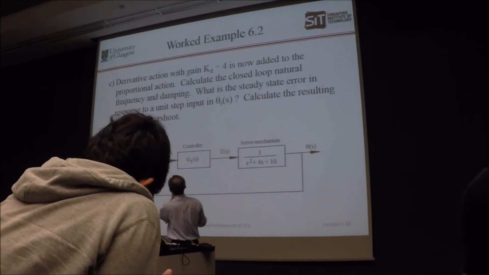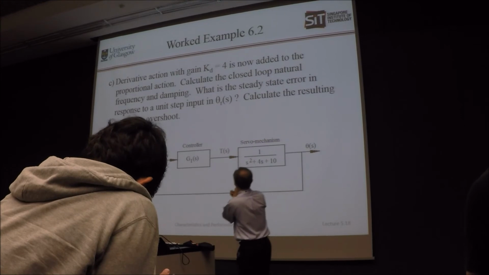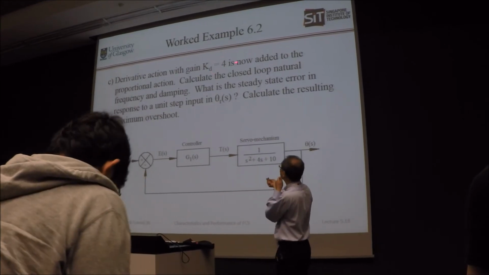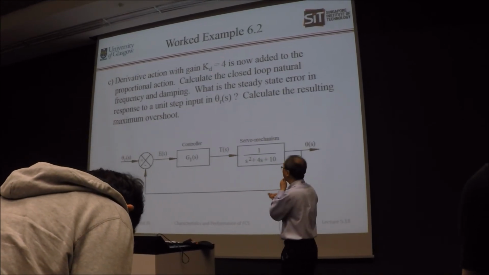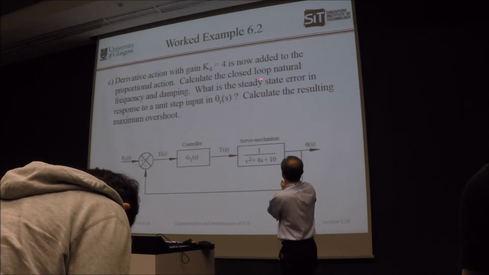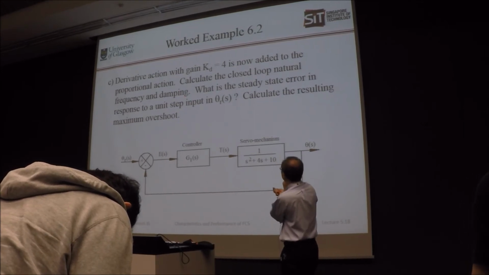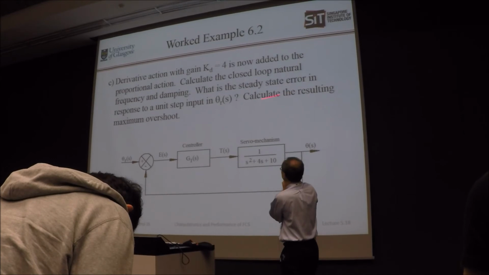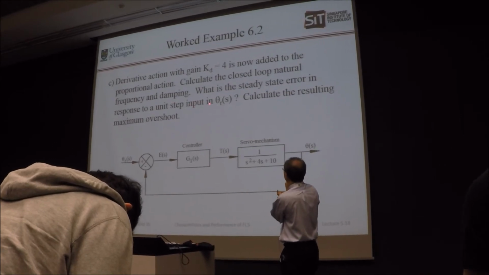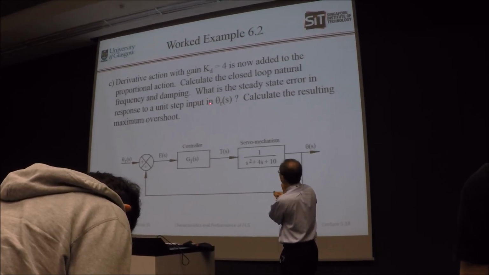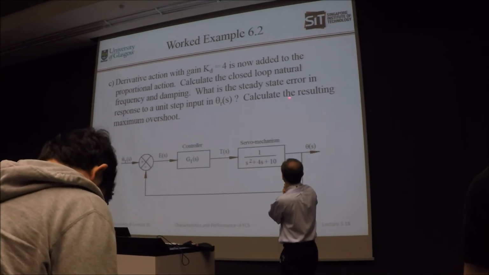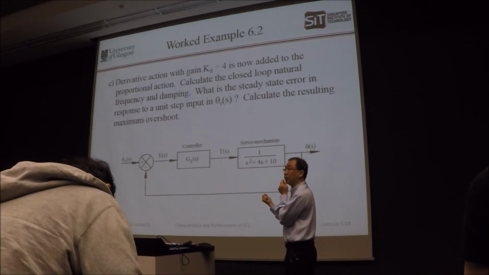Okay, the last portion of it: derivative action with gain KD equal to 4 is now added to the proportional action. Calculate the closed loop natural frequency and damping. What is the steady state error in response to a unit step input in theta R(s)? Calculate the resulting maximum overshoot.